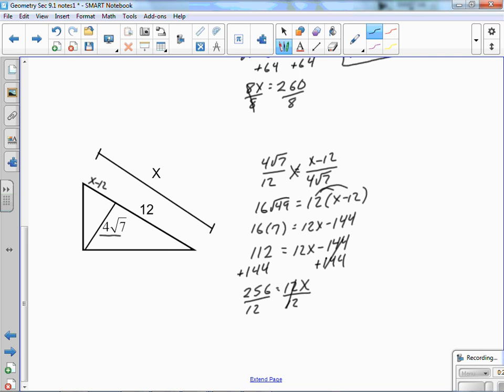And 256 divided by 12 will give us 21.333333. Or put the little repeating bar over the 3. So 21.33 repeating equals our x value. Right. Questions?